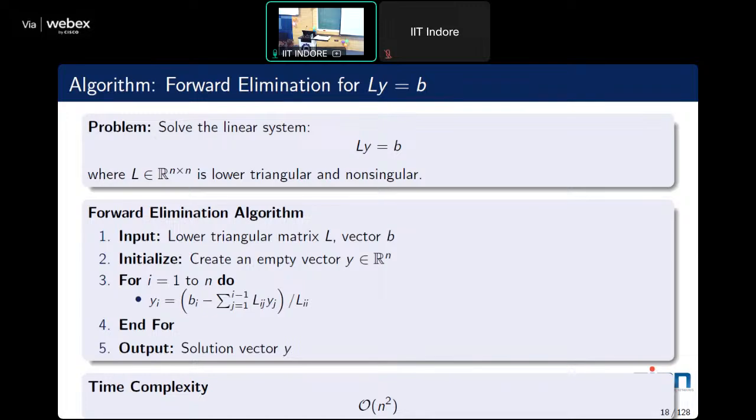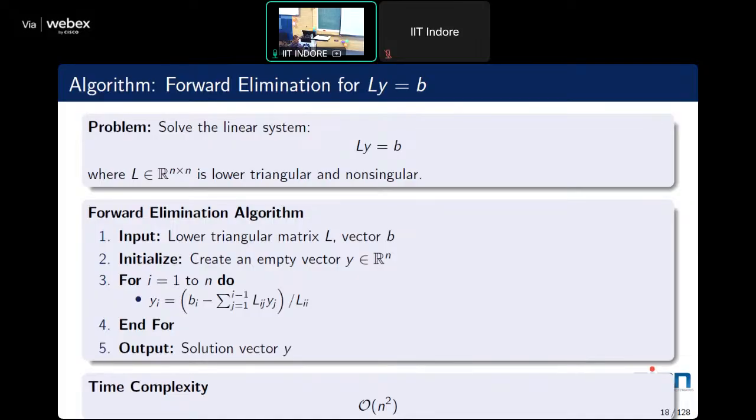For example, if you have a lower triangular matrix, and you initialize the vector y, and for i equal to 1 to n, you just take the loop of this. And this L_ii is not equal to 0 because initially we have assumed A is a non-singular matrix. If A is a non-singular matrix, then L and U should be non-singular matrices.